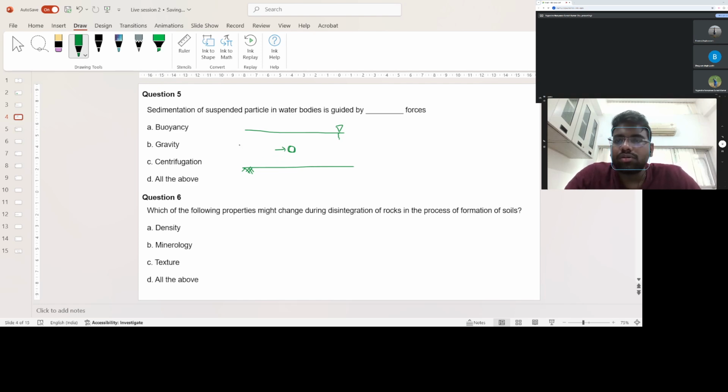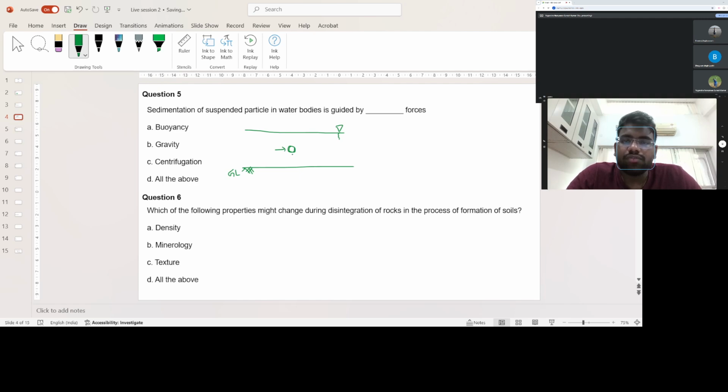Our focus is on sedimentation of suspended particles. Sedimentation is ideally settling down to the ground level, that is the bed.